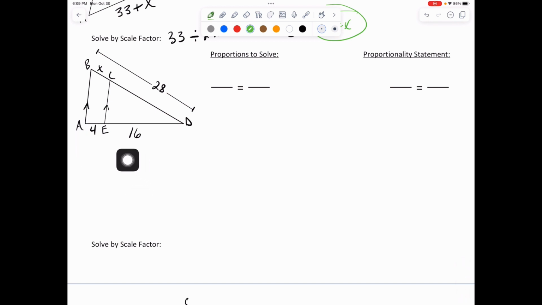All right, whoa, this is kind of new-ish, should we say. Now, above I gave the example of that line coming through. We'll take a look. Oh my goodness, we have EC again. We had our big triangle here of ABD, and then in came this line parallel to AB called EC. And we're just going to go ahead and set up our scale factor to solve.